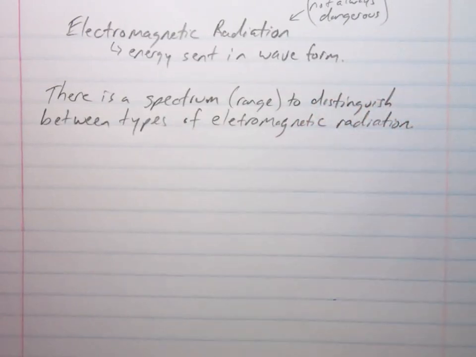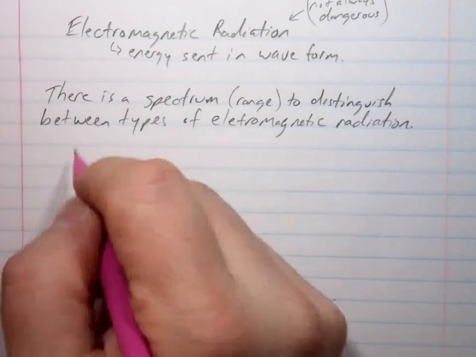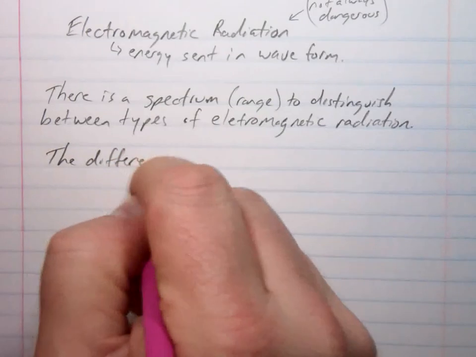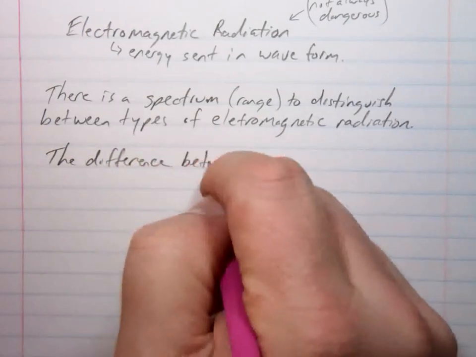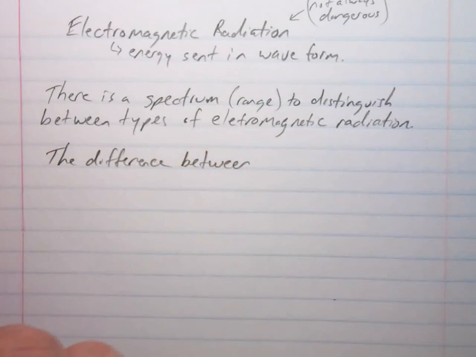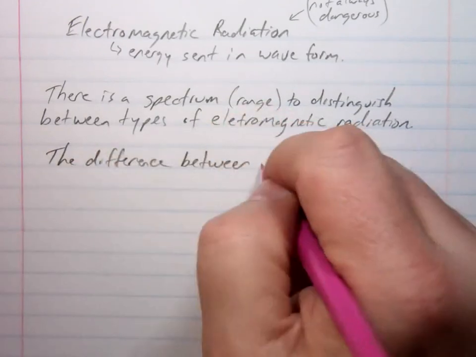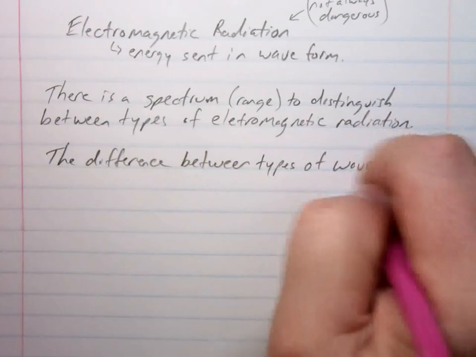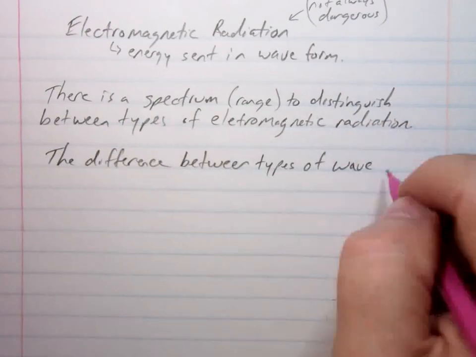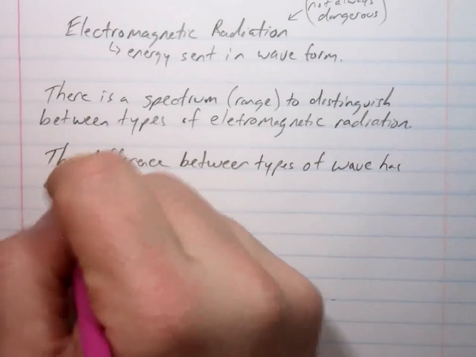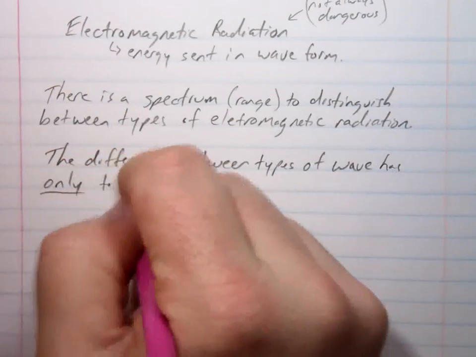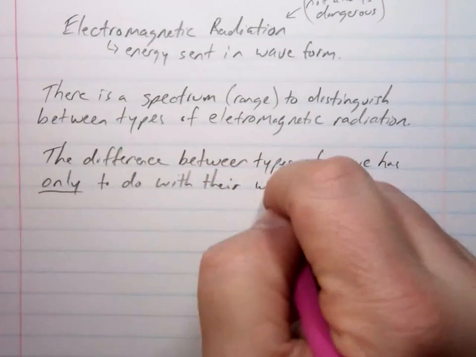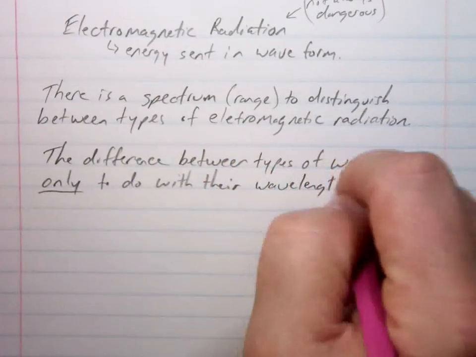Okay. The difference between types of waves has only to do with their wavelength. That's it.